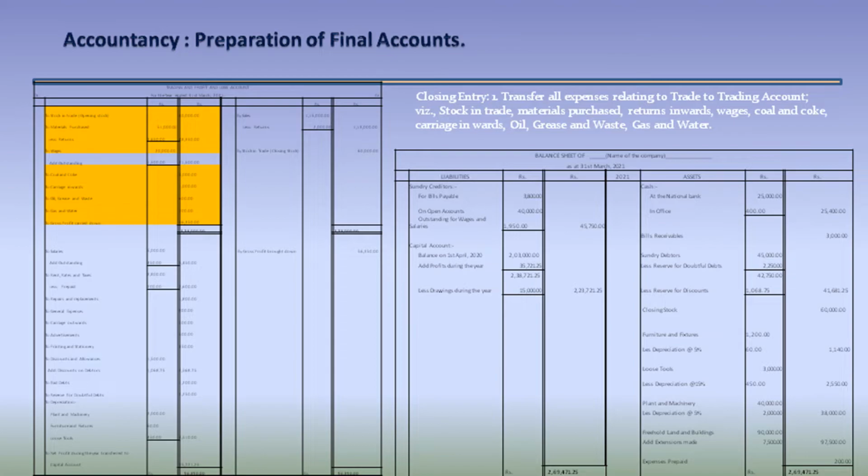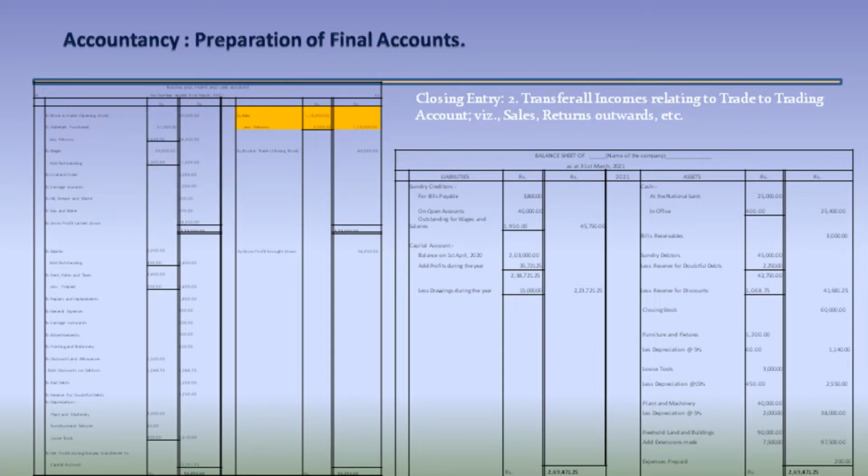Stock in trade opening stock 40,000, to materials purchased 51,000, less returns 2,650, net 46,350, to wages 20,000, add outstanding as per the adjustments we have already recorded 1,500, 21,500, to coal and coke 5,000, to carriage outwards 1,000, to oil, grease and waste 600, to gas and water 200.